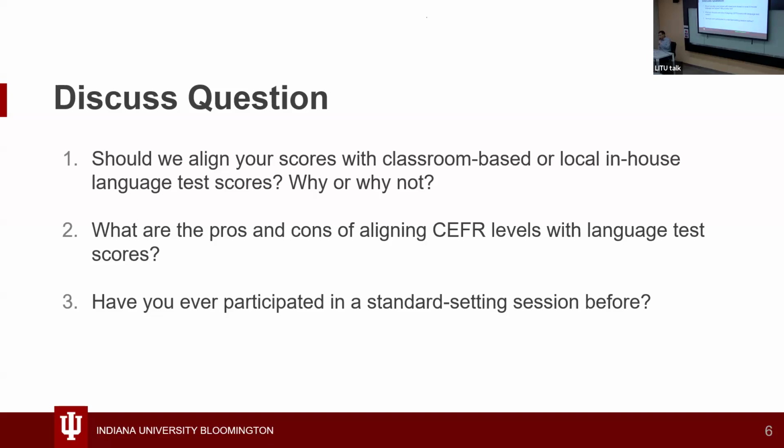But the con is that the CEFR level itself is quite broad, so it's difficult to track progress over time, because improvement from B1 to B2, B2 to C1 takes a lot of time. Students might make progress, but that improvement may not be captured by the CEFR level descriptors, right?